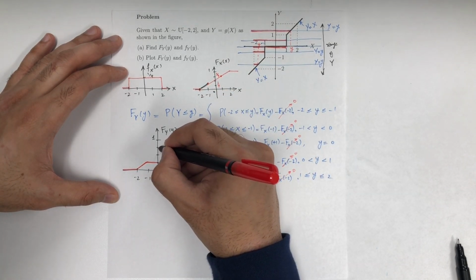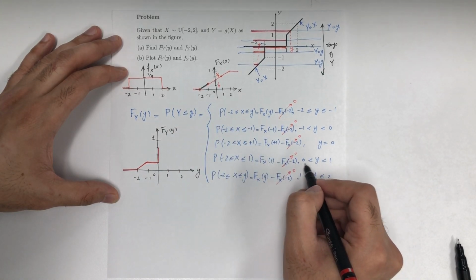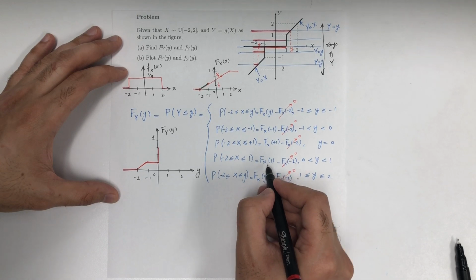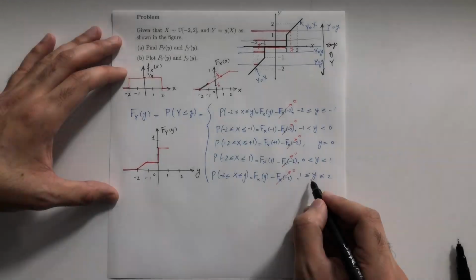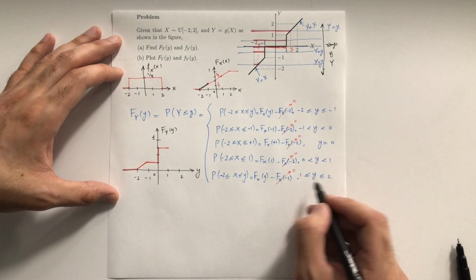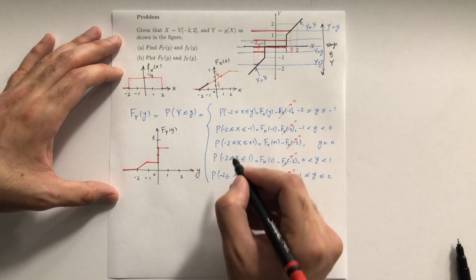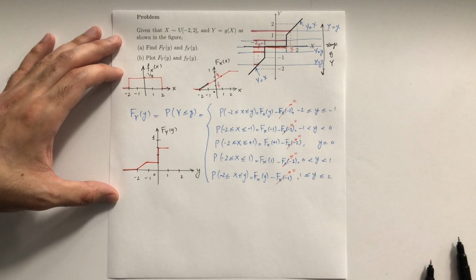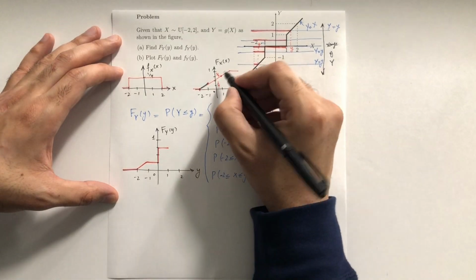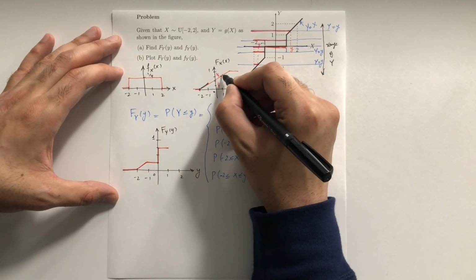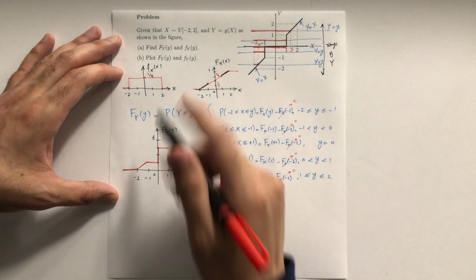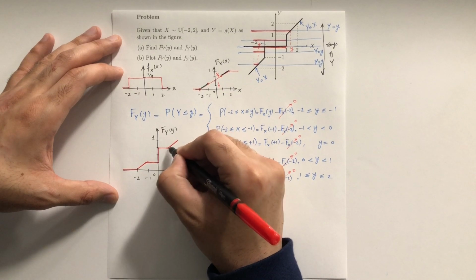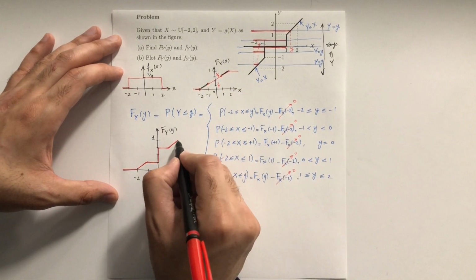So at 0, we jump to 3/4. And between 0 and 1, it stays at fx of 1, so it stays at the same value. And between 1 and 2, it takes the value of fx of y between 1 and 2. So we pick the fx function from 1 and 2 and plot it here. And after that, it's just 1.